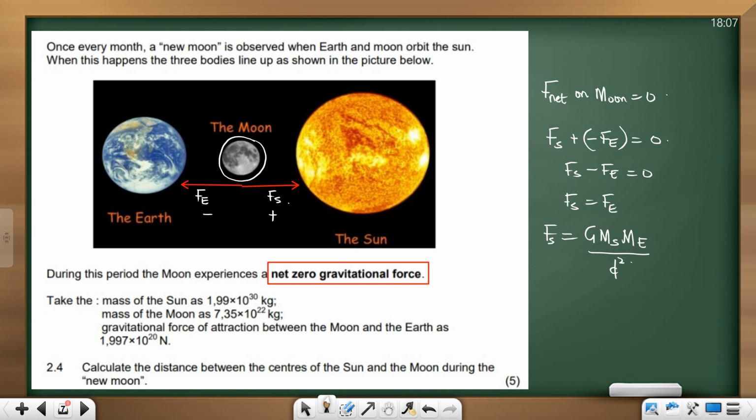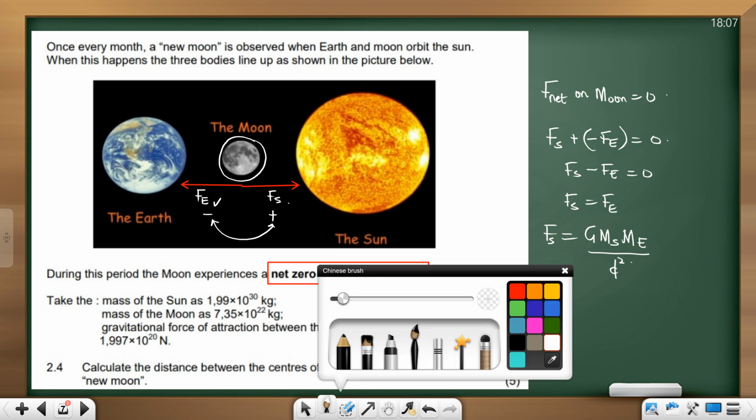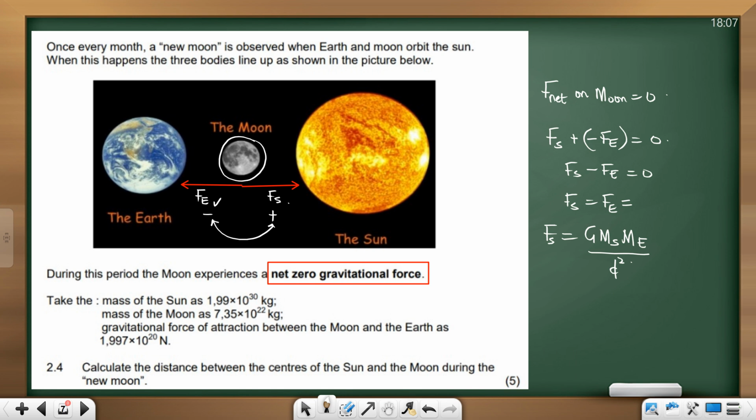Now, we are given a force of attraction between the moon and the earth, which is this one. But we said it is equal to that. So nice. So our Fs equals Fe, which is equal to 1,997 times 10 to the power 20 newtons.